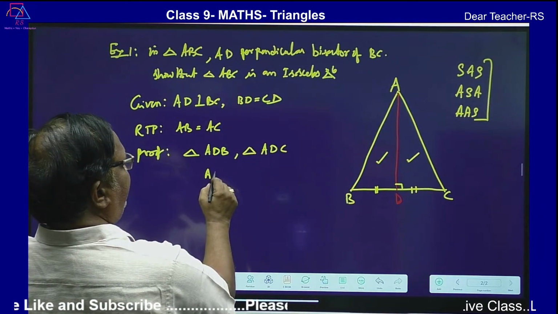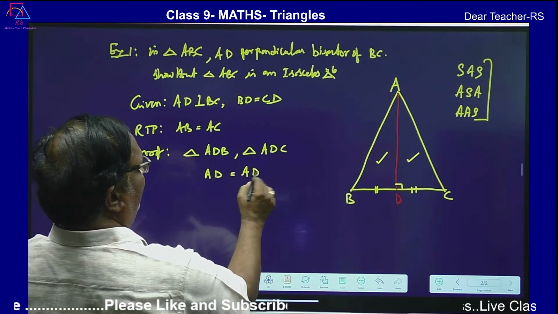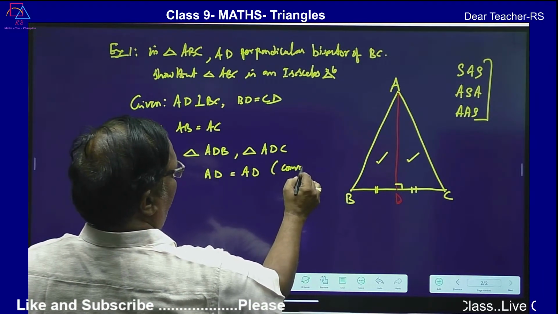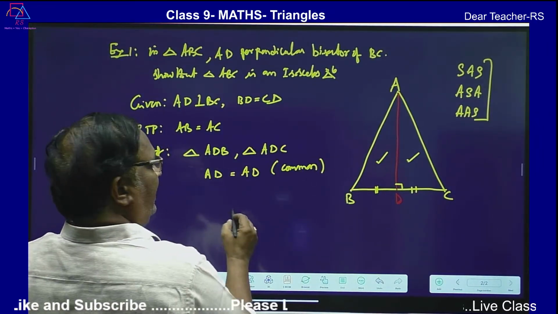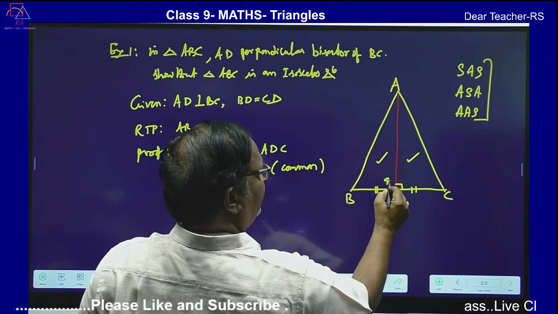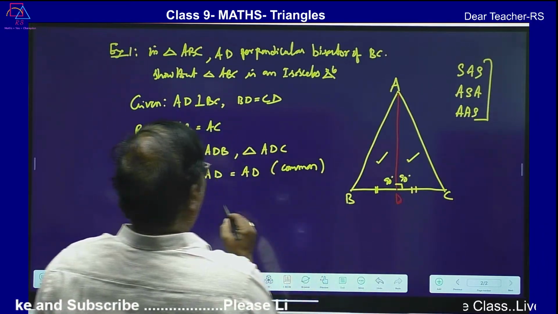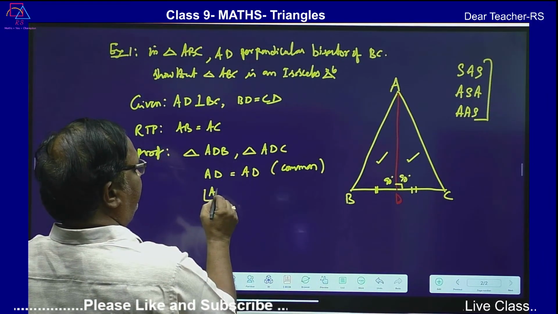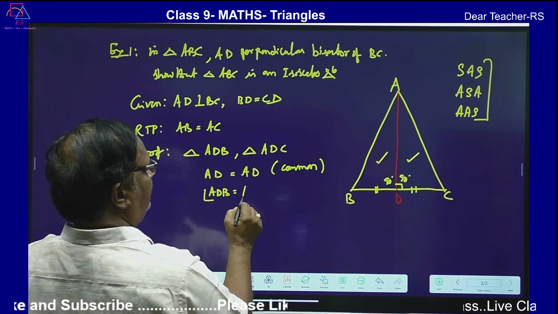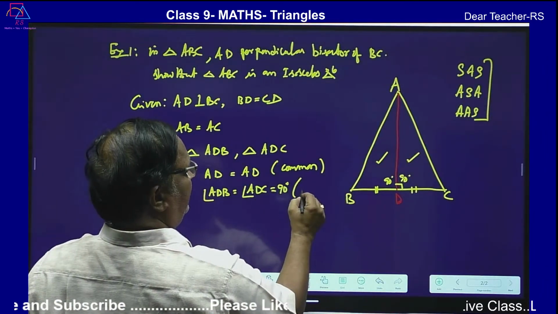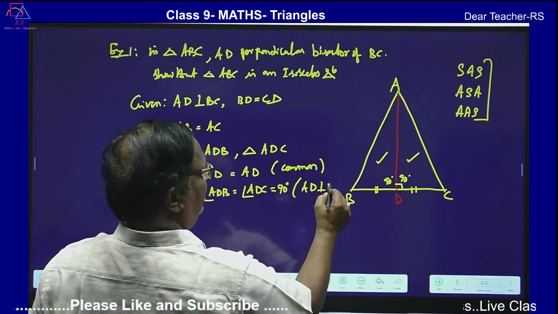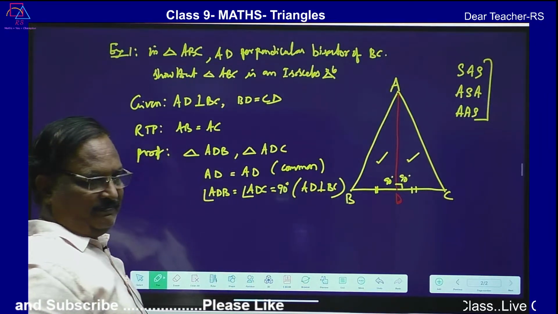AD is equal to AD, common. In both the triangles, this side is common. And angle ADB is equal to angle ADC is equal to 90 degrees, because AD is perpendicular to BC, given.